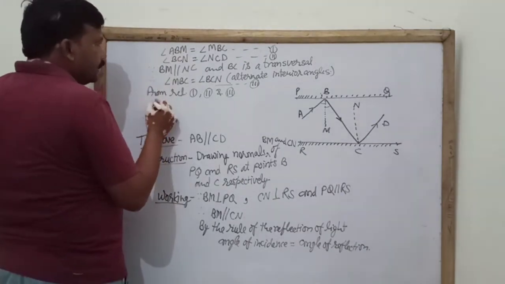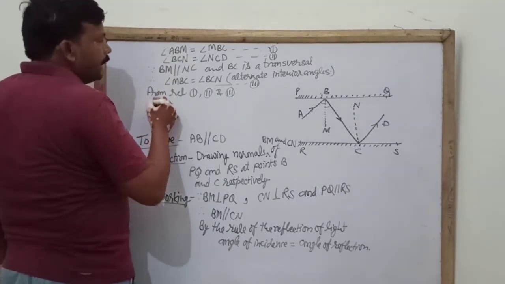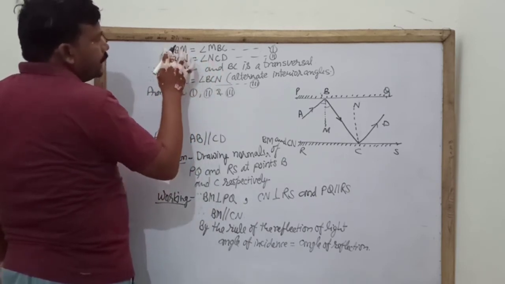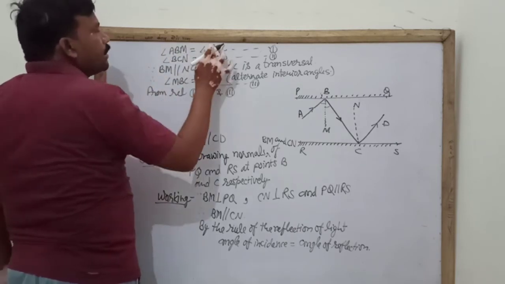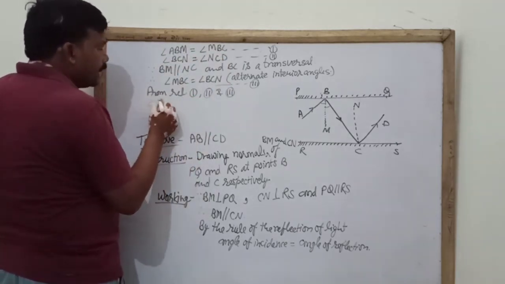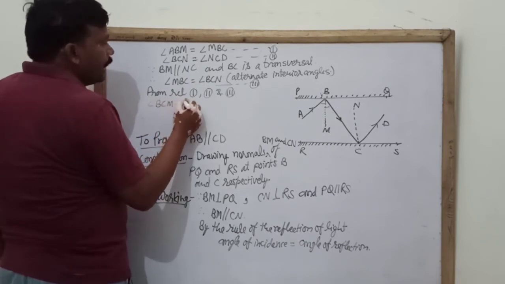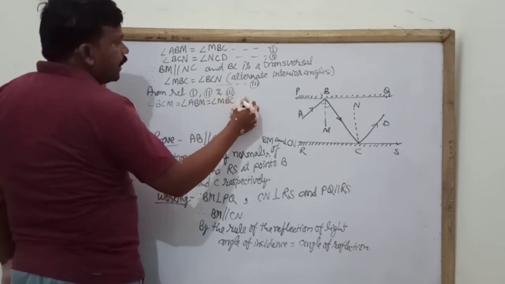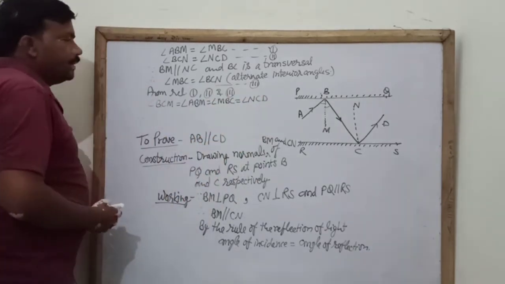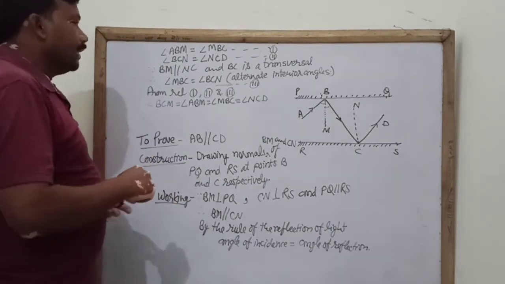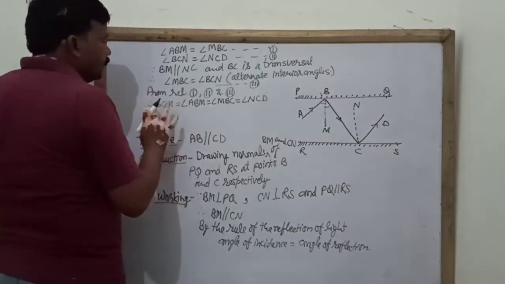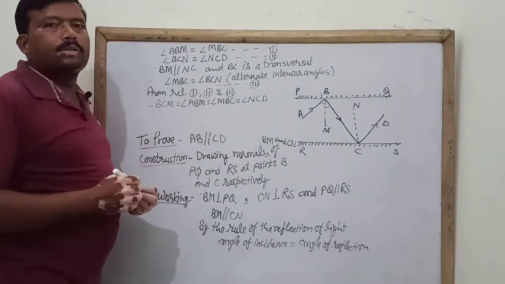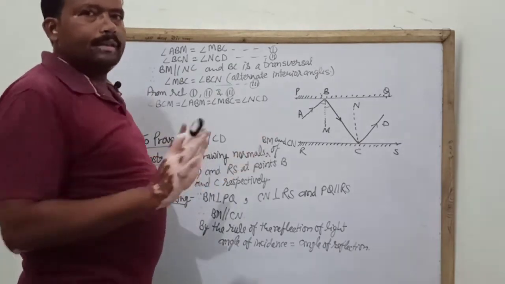So we can take here the statement that the sum of any two of the angles is equal to the sum of any other two angles.